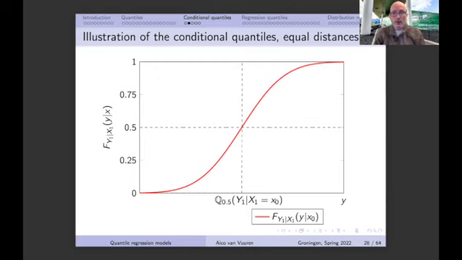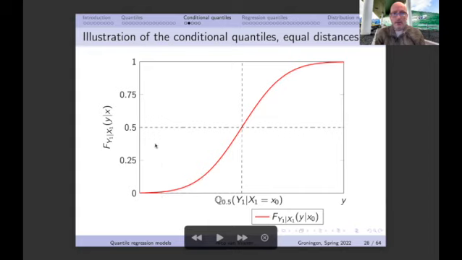Well, in order to look at this graphically, what we are going to get is another time on the x-axis our y's, and on the y-axis another time we're going to have, in this case of course, the conditional distribution and not the distribution of y1 itself. Well, suppose again that this is now our distribution function.